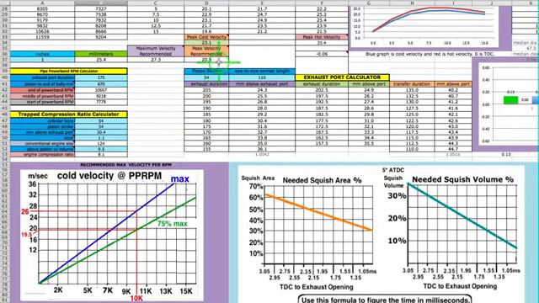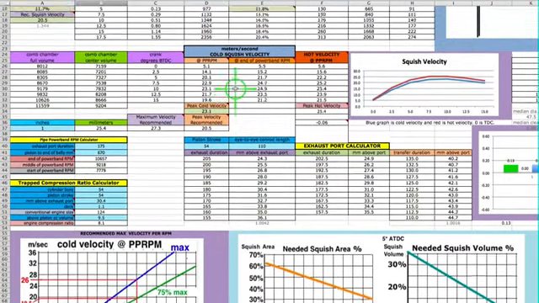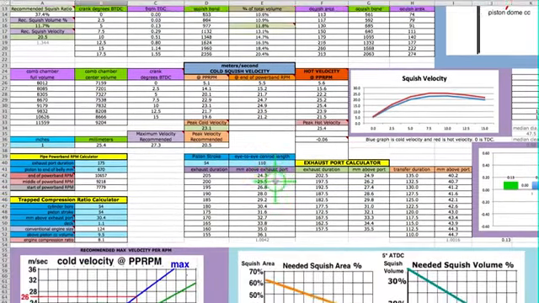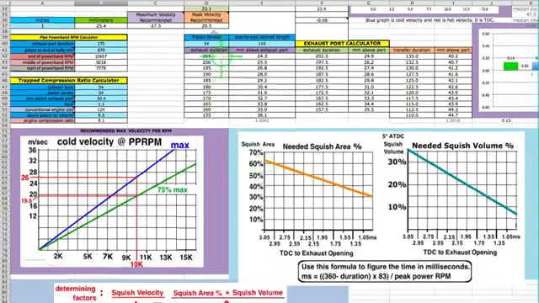And the recommended amount is dependent upon the compression ratio. So at 9-to-1, I'm recommending 75% of the max.